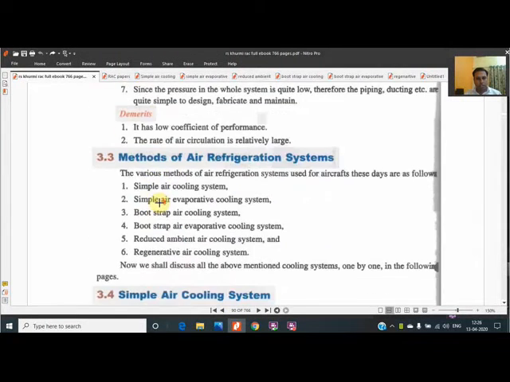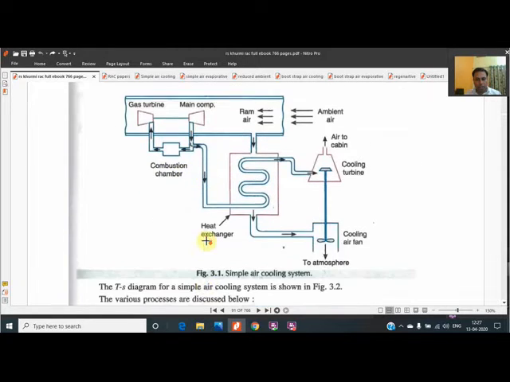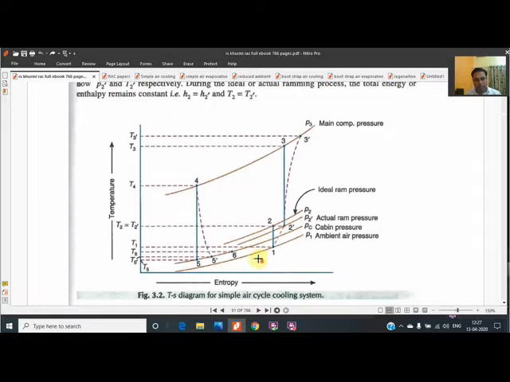Starting with today's lecture, as I have told you earlier, in aircraft a special type of refrigeration system is used that is called the air refrigeration system, which is different from the air conditioner which we are using over here, because in aircraft a completely different system is used in which air is taken from the atmosphere and compressed.